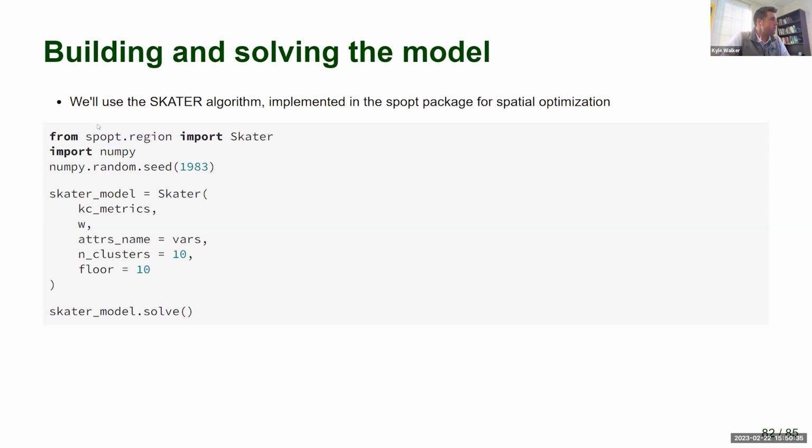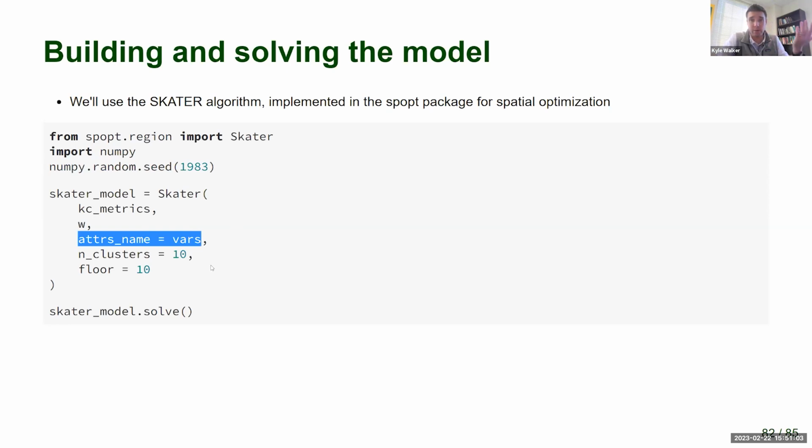But what we do here is we specify a random number seed. That's going to be important for reproducibility of our findings. And we're going to specify an input data set, a GeoDataFrame, a weights matrix. For attrs_name, we're going to give a list of variables, so a list of columns in our data set that we want to use to determine spatial attribute homogeneity.